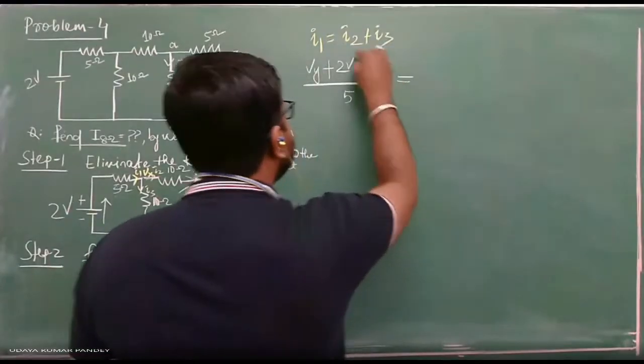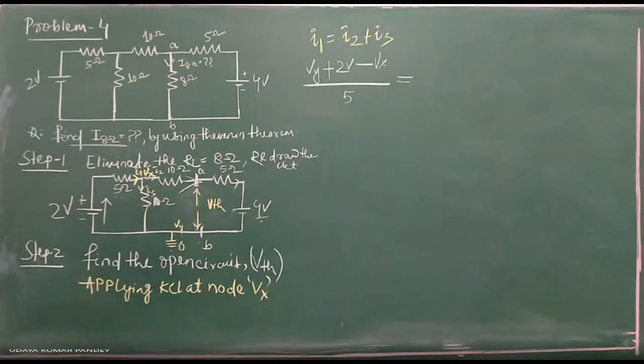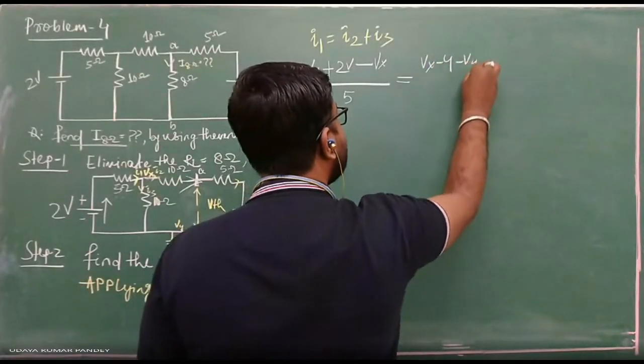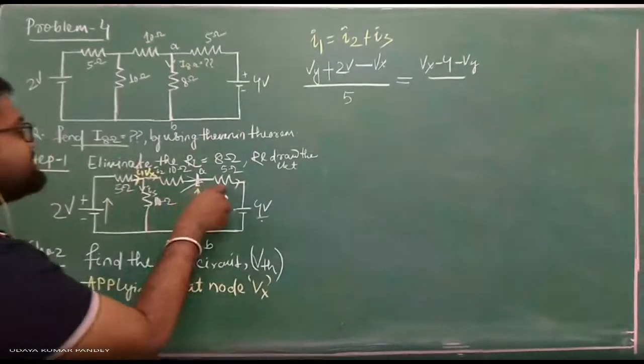Then how to calculate I2? This is your I2. Vx minus 4 minus Vy by 15. Vx minus 4 minus Vy by the total resistance.